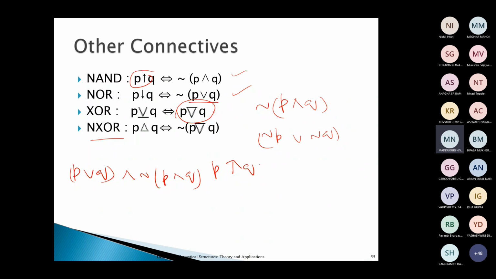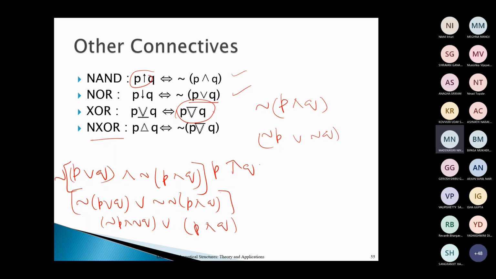Yes, ma'am. So not of XOR means what? Not of this. What do you mean by not of this? Not of P OR Q and not of P and Q. That means not P and not Q, or P and Q. Okay. So that's the meaning of not of XOR.